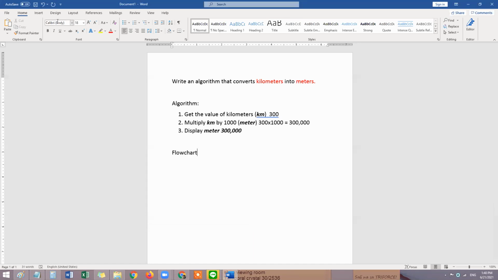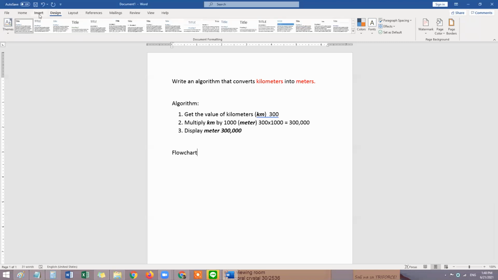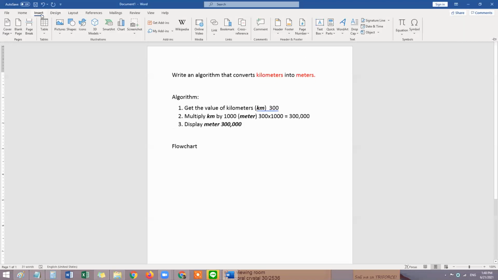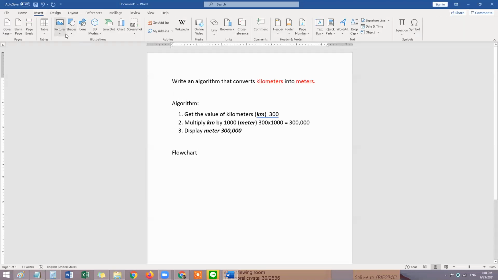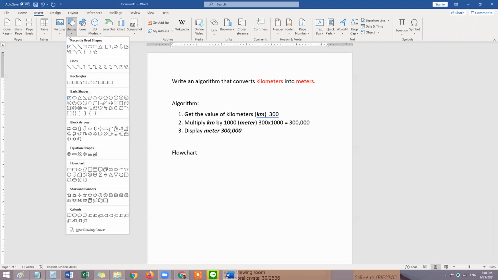Okay, in this Microsoft Word, there is an insert part, and there are shapes. Look at this closely, in the shapes we have flowchart here. So we will make use of this to create a flowchart in Microsoft Word.